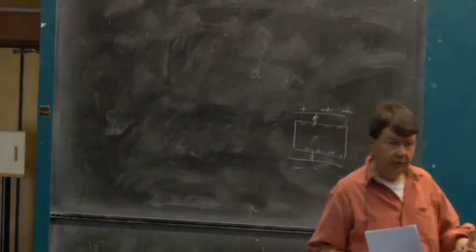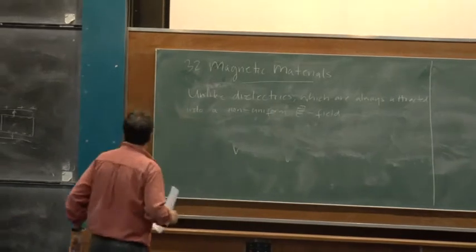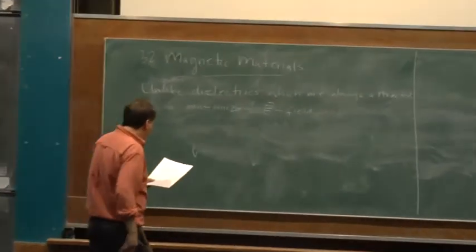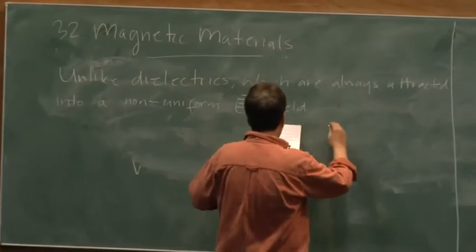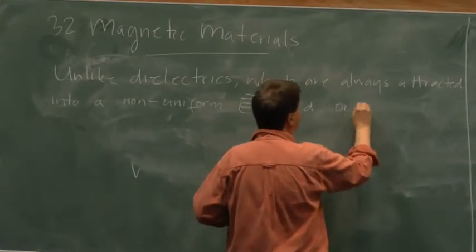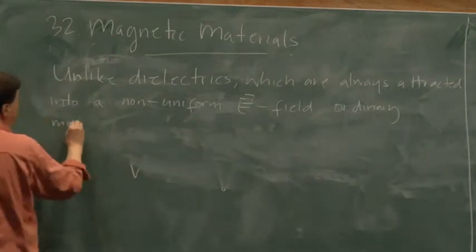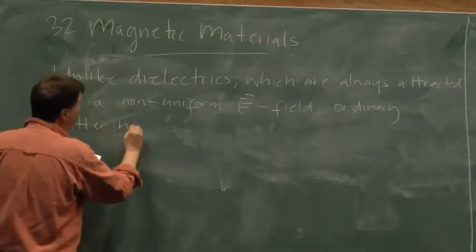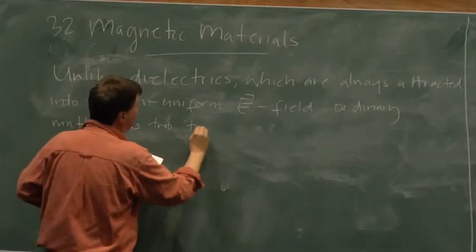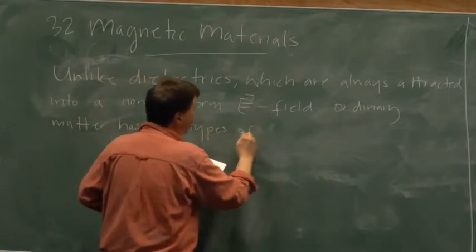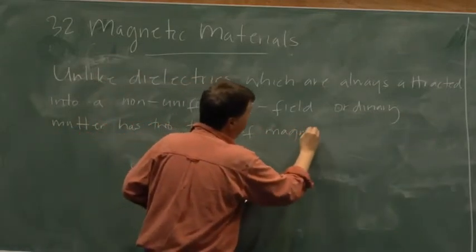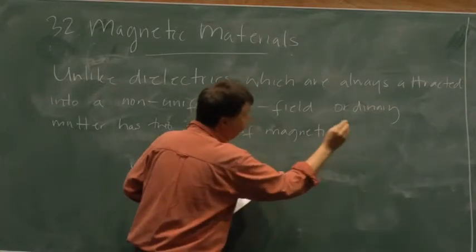So in a uniform E field, it's not attracted, but it moves in a non-uniform E field. Well, this is now very different, because ordinary matter has two types of magnetism. So this is the raw facts.